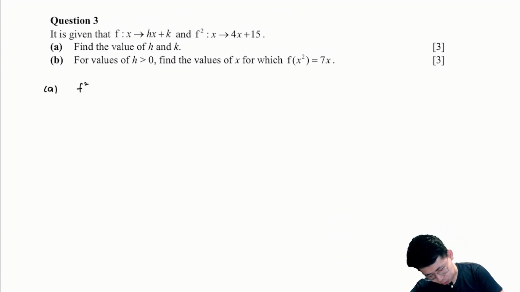So f2 of x will be equal to f of (hx plus k). Putting in the input hx plus k over here, we are going to get h squared x plus hk plus k.